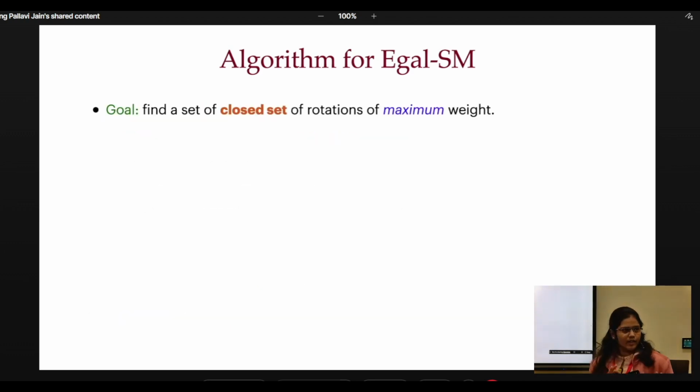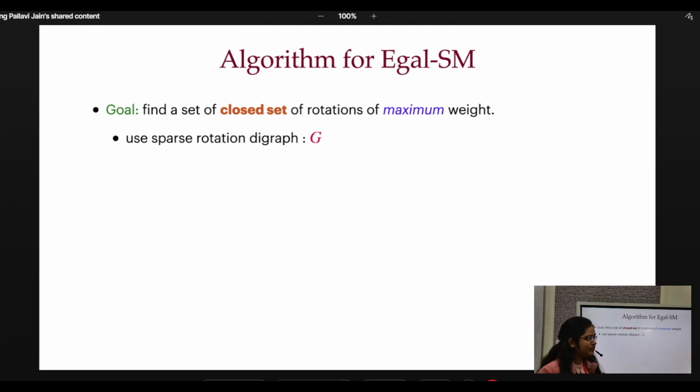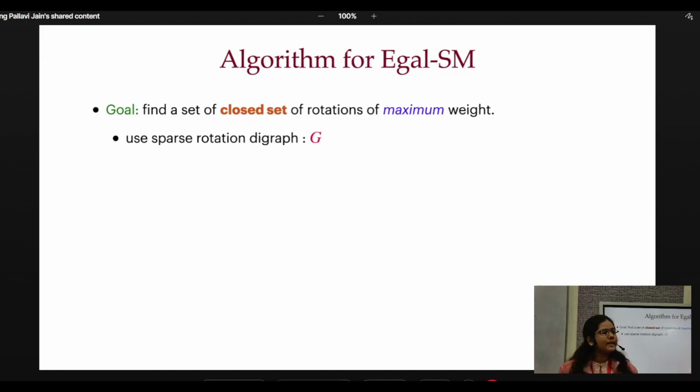Now, what toolkits are we going to use? Sushmita told you about the rotation digraph in the morning, and she told you that we can sparsify that graph. In the rotation digraph the number of vertices is n square, since the number of rotations is n square, but edges could be many more. We will sparsify it, and even that will be n square.